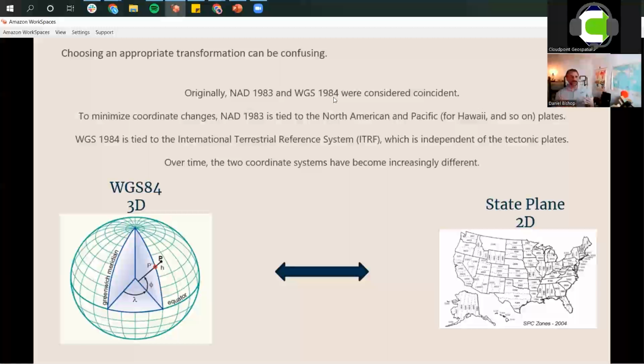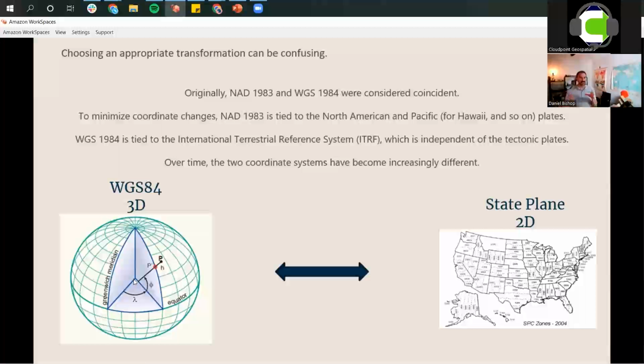They're considered the same. And to minimize coordinate changes, the NAD 83 is tied to the North American and Pacific plates, whereas the WGS-84 is tied to the International Terrestrial Reference System. So the WGS-84 essentially is based off of an imagined center point in the Earth's center, and then kind of radiating out from there.